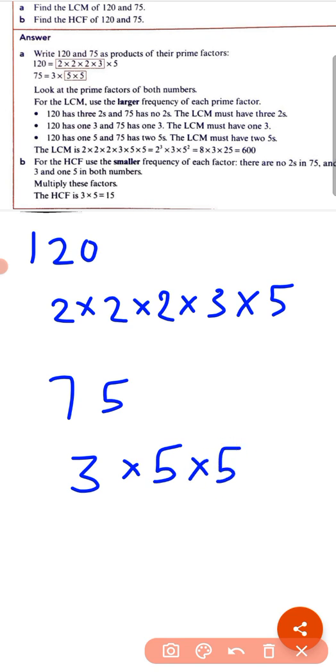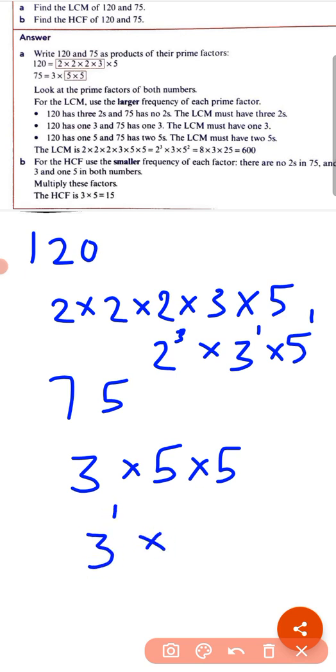First write these factors in terms of their powers. 2 into 2 into 2 means 2 to the power of 3. 3 can be written as 3 to the power of 1, and 5 can be written as 5 to the power of 1. In 75, 3 can be written as 3 to the power of 1, and 5 can be written as 5 to the power of 2.